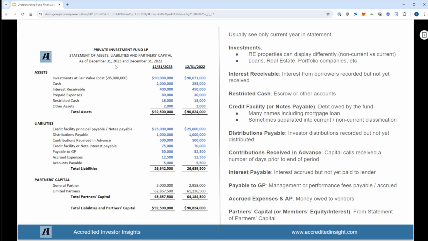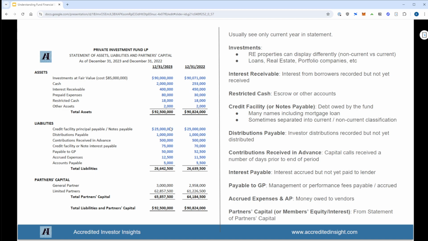The prior year column for 2022, I added here as we need it later on to build the cash flow statement and understand that. But when you review the fund financial statements in real life, so to speak, you're not going to see this. This will only show the current year, and you'll need to reference the prior year separately on another PDF, another statement.